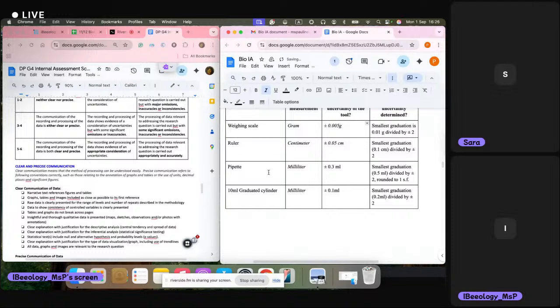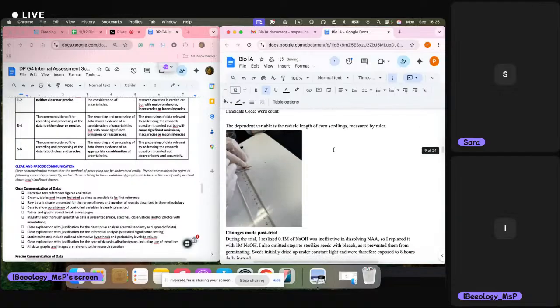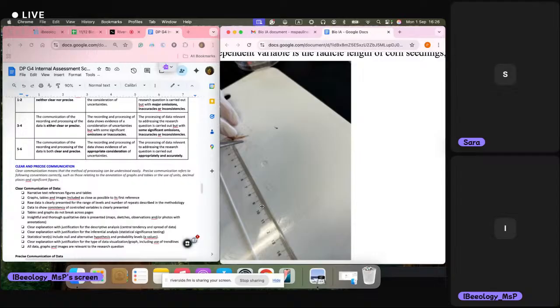Ruler is 0.05. I saw the ruler that you used. Does that mean that this is how much? Because I could say that from 9 to 10 is 1 centimeter, right? And each line is 0.1 centimeter, correct?